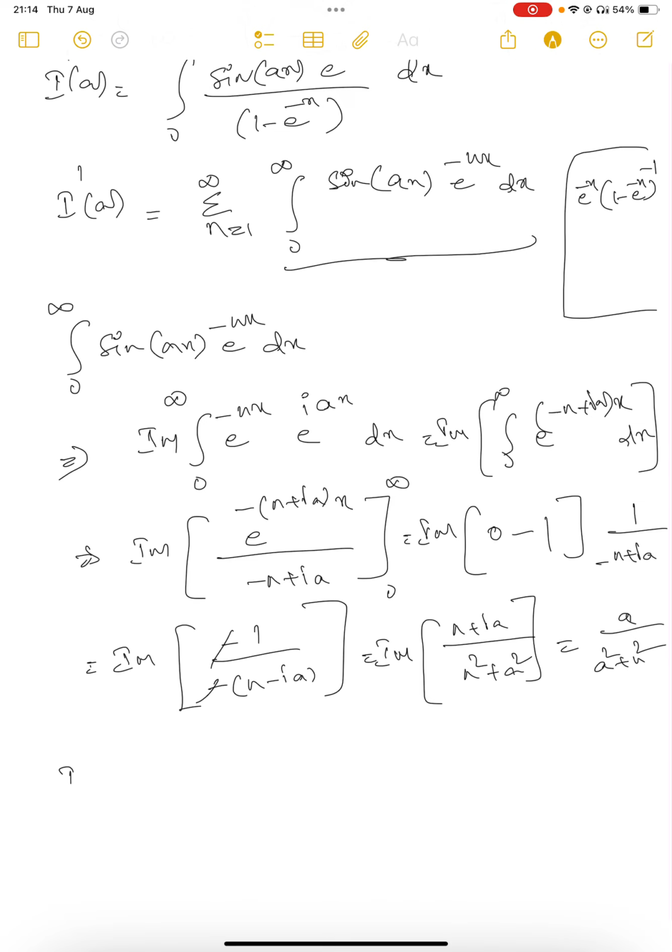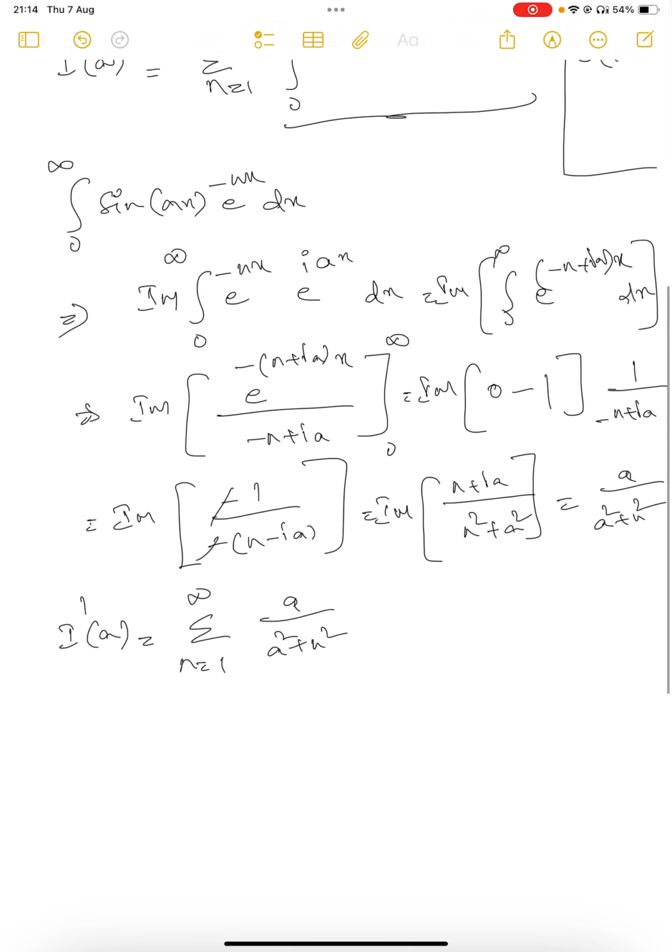Then I dash of a is summation n equal to 1 to infinity a by (a square plus n square). Let's do some small modification here: divide by 1 by 2 and multiply with 2.